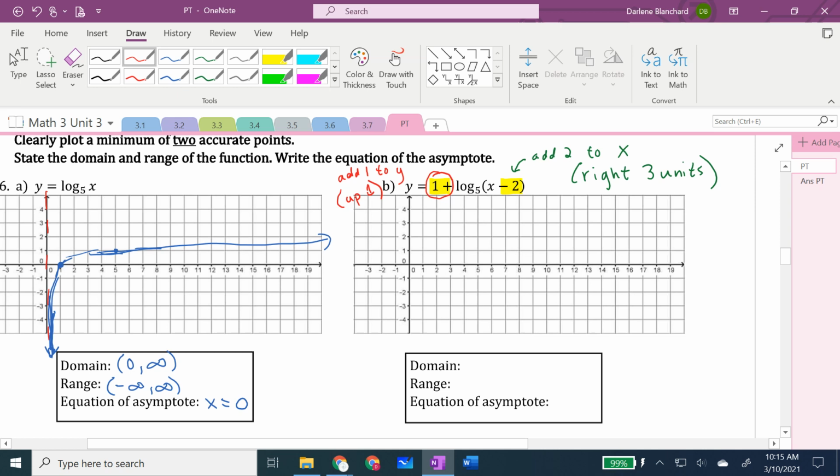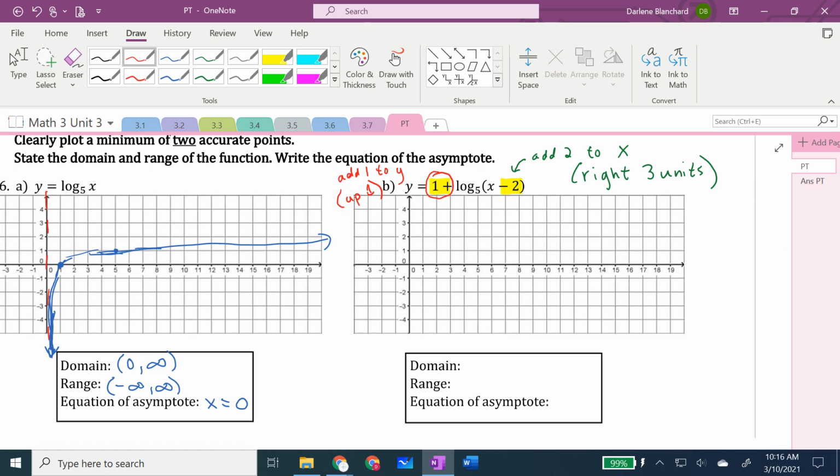Now, you've been doing this translating for a while, years. So I don't want you to lose track of what you already understand. You already understand this translating motion.